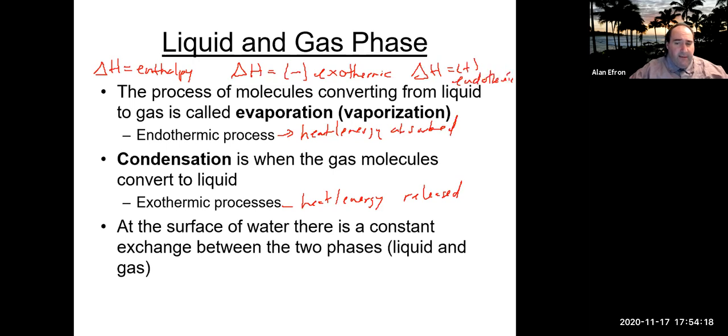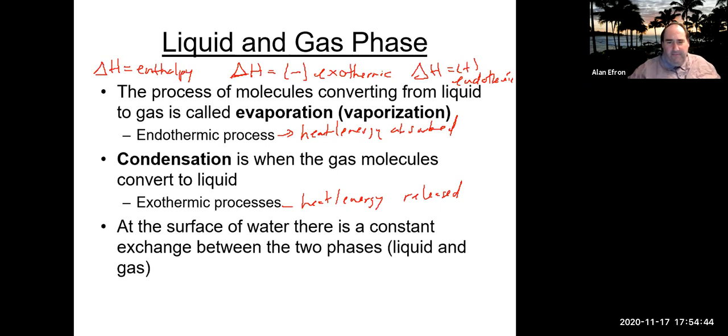I bring that up because in your textbook, they assume that we covered that chapter, which we used to do. We don't do that anymore. But if you see those symbols, delta H, which refers to enthalpy, a negative value is exothermic and a positive value is endothermic. It doesn't really matter the actual number. It's the sign that's the important part.